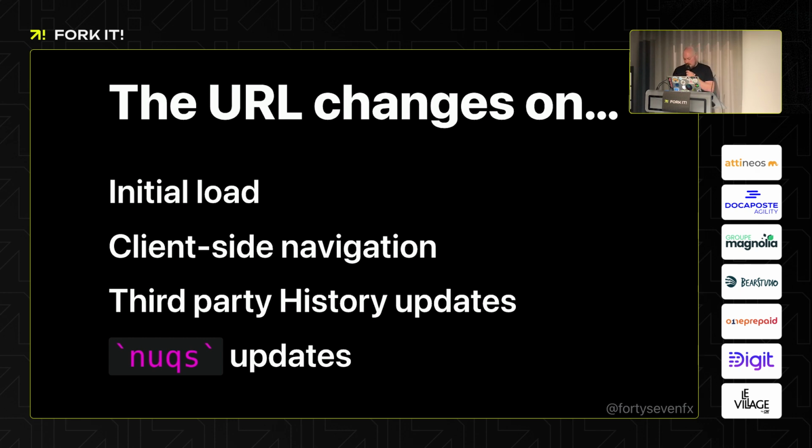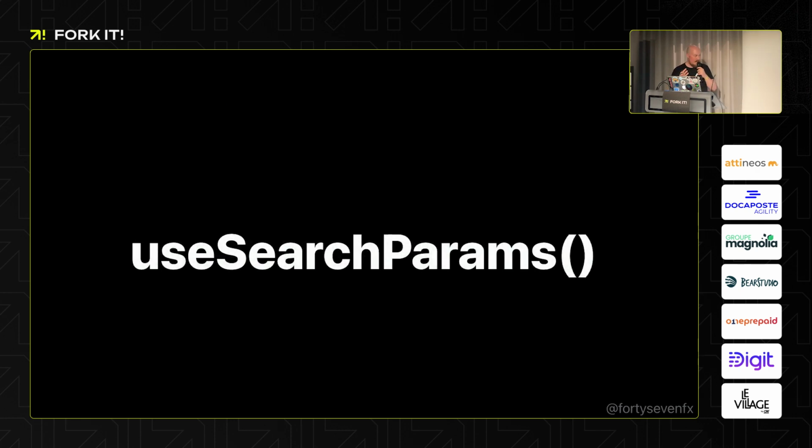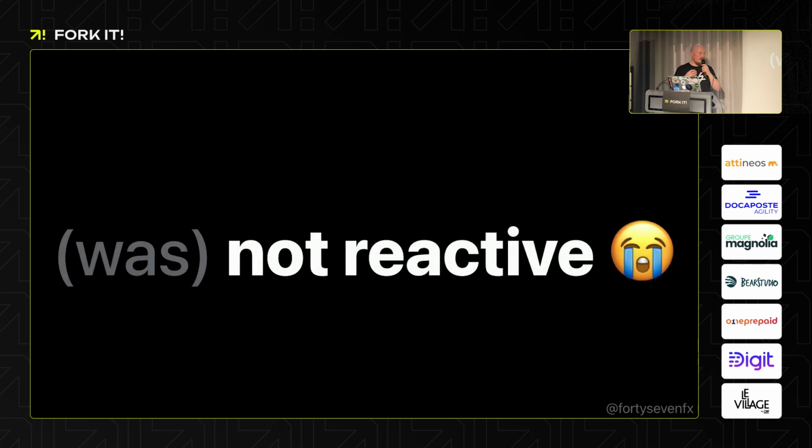And so Next gives us a hook to do this, an API to do this. It's called the useSearchParams hook, which, as the name implies, reacts to the URL. But it only does so recently. At some point, it was not reactive, this thing. It could allow us to get the search params on the initial load, but not afterwards, because Next did not have support for shallow routing.